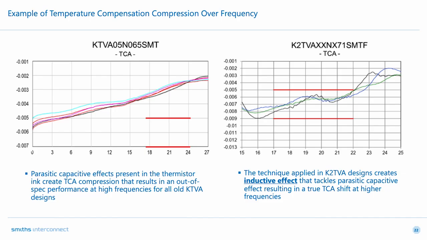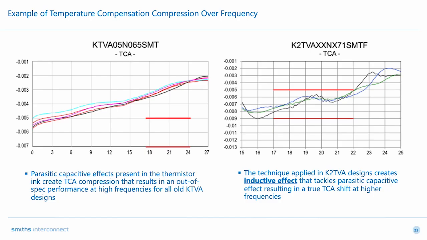When these components were first introduced back in the 90s, patented back in 1994, the frequencies we were using were much lower, around 2.4 gigahertz, what these were designed for. And at DC to 2 gigahertz, it's almost a one-to-one comparison for temperature compensation.